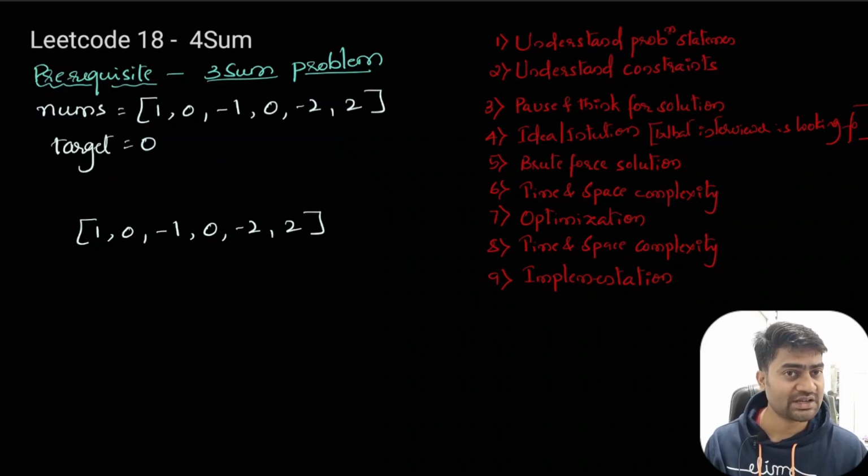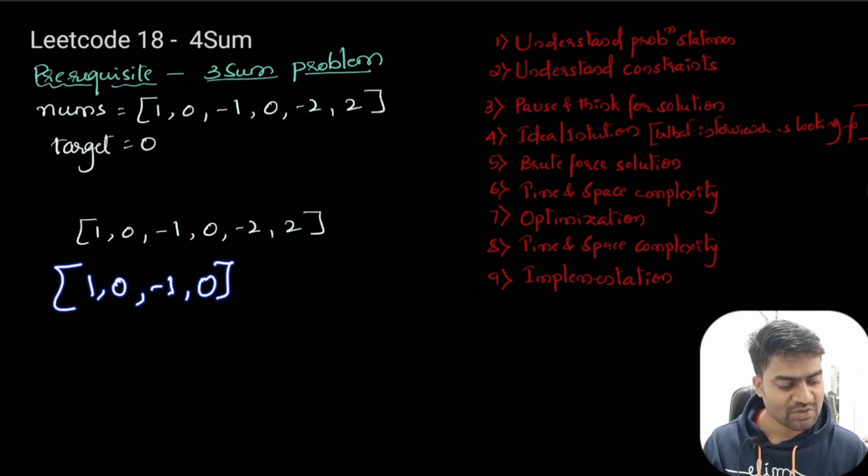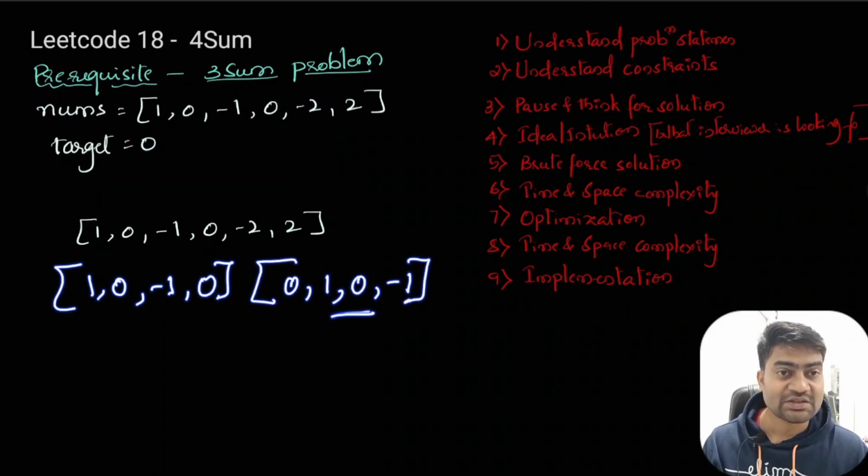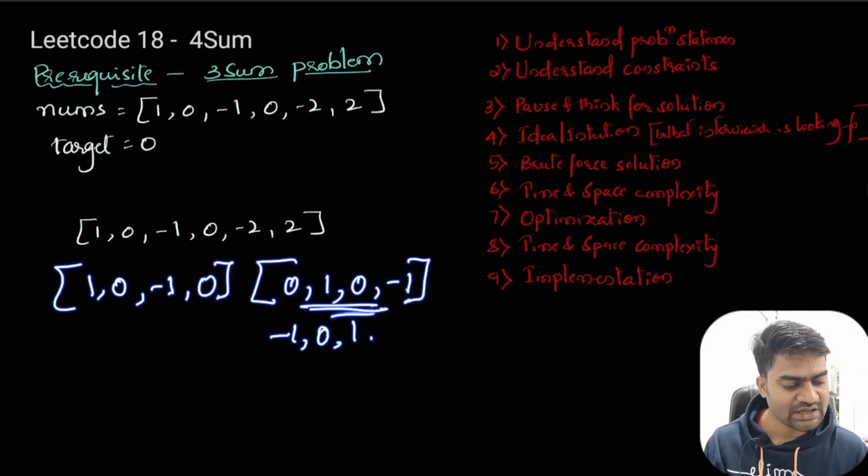And one more thing we need to understand. There should not be any repeating quadruplets. Basically 1, 0, minus 1, 0 is one quadruplet. Assume we got one more which is 0, 1, 0, minus 1. This is not a unique one because if you sort it, it will be minus 1, 0, 0, and 1.